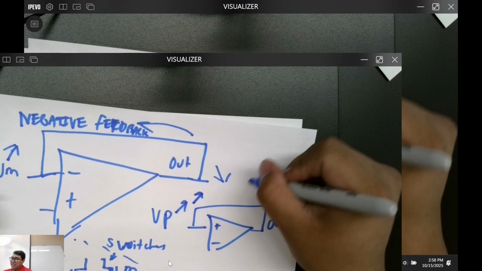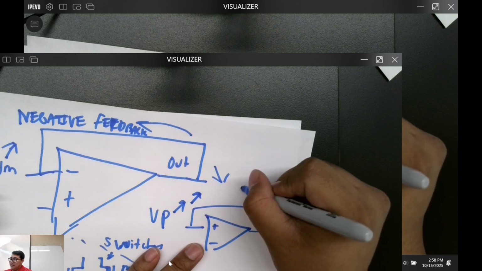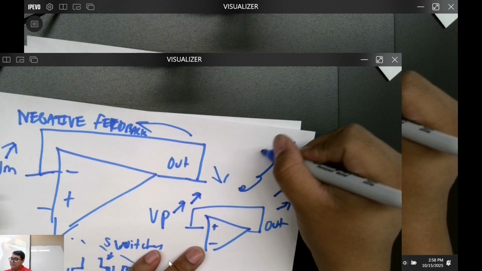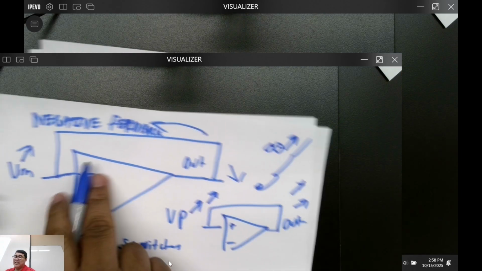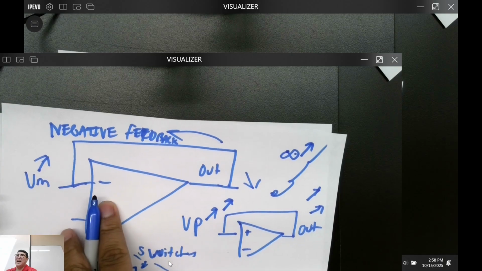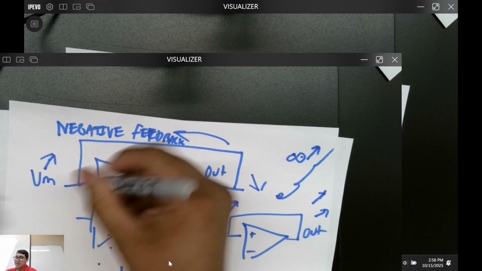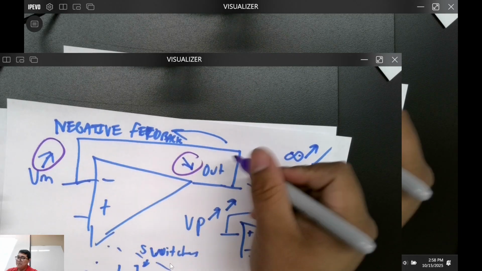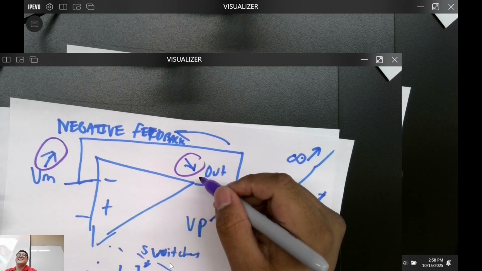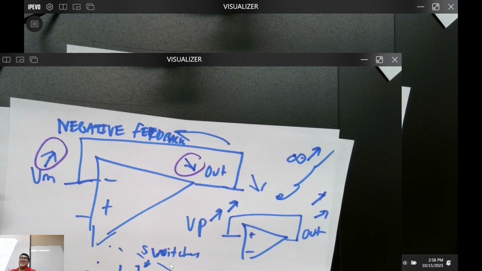And now you have this positive feedback loop that just goes up to infinity. So that's why we have this negative feedback. That's the reason why we have this minus and this plus, so that when this goes up, this goes down, and these two arrows, when you put them together, should cancel out. Does that make sense? Any questions about that?